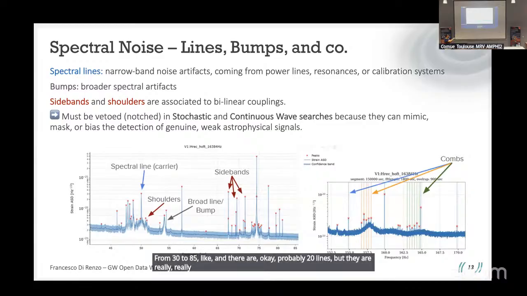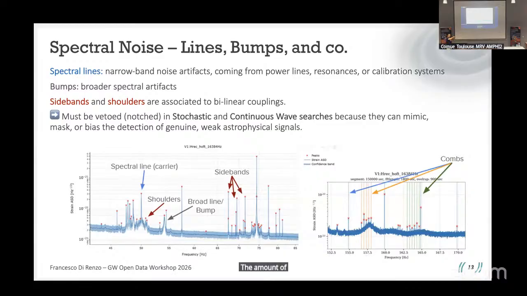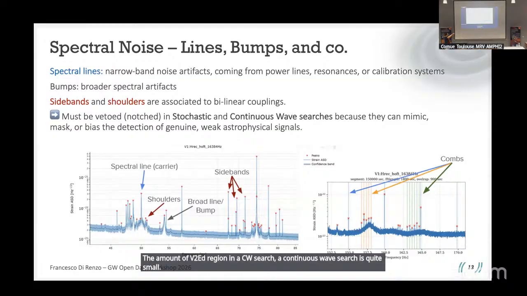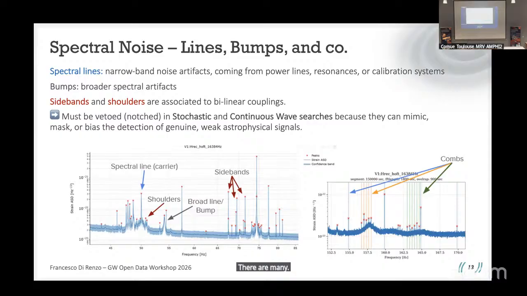So the amount of vetoed region in a CW search, a continuous wave search, is quite small. There are many frequency bins in high resolution analysis, and a fraction of them is vetoed. We are talking about less than 1%.